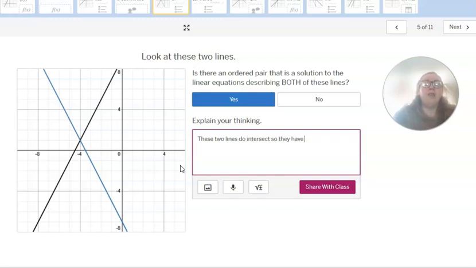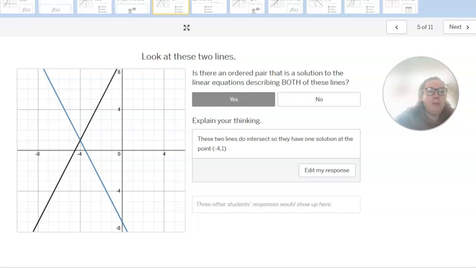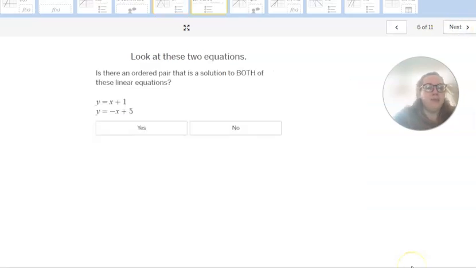They have one solution at the point -4, 1. So this point has an X value of -4 and a Y value of 1. Beautiful. Push ahead to slide 6 when you're ready.